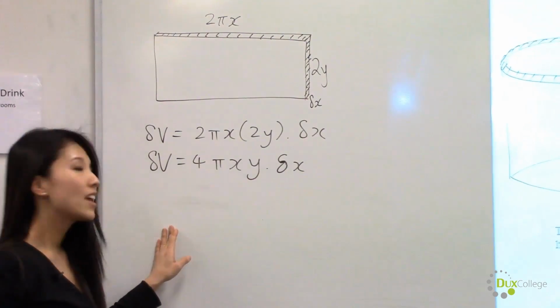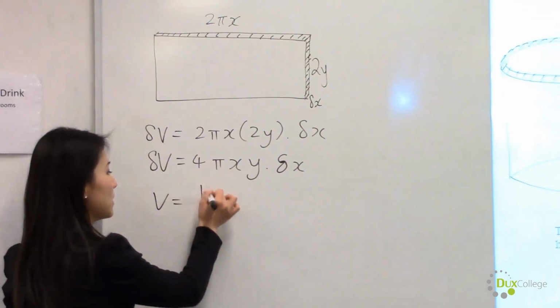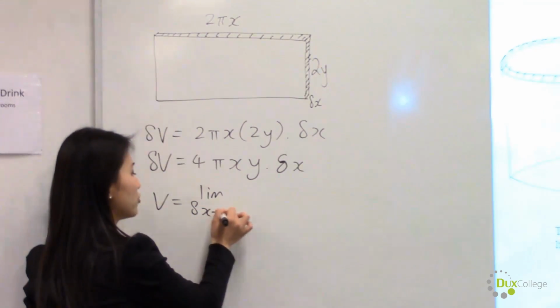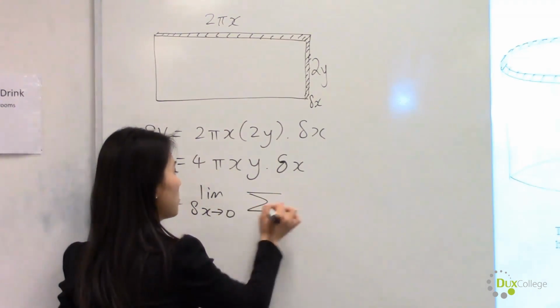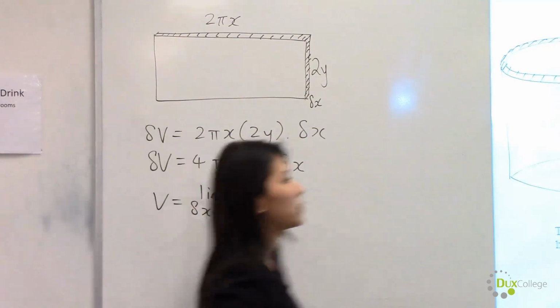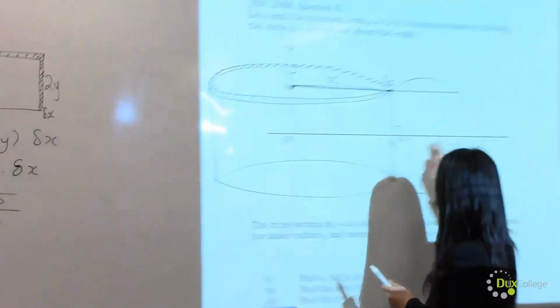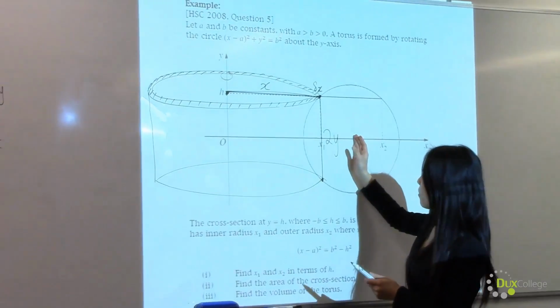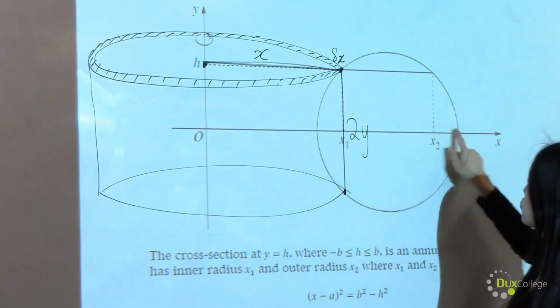Now the volume is equivalent to taking the limit as delta x approaches 0, summing this up from x equals... Now coming back to our diagram here, we're summing up the distance from this point to this point.